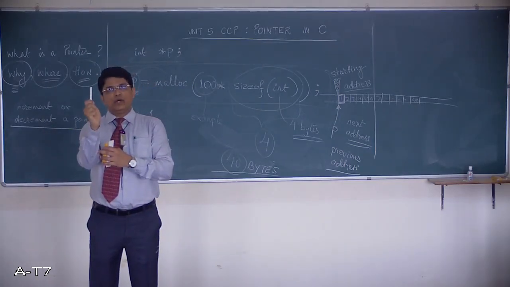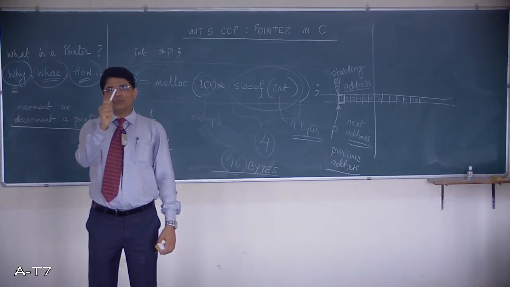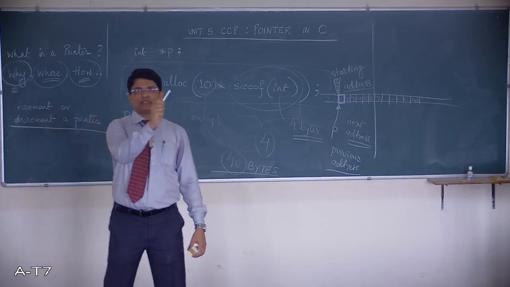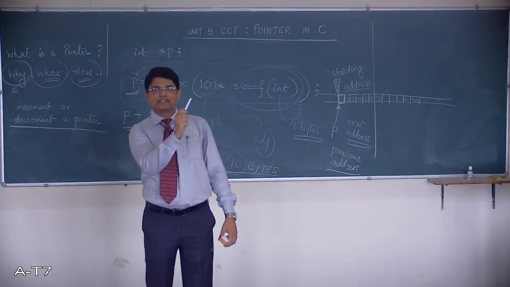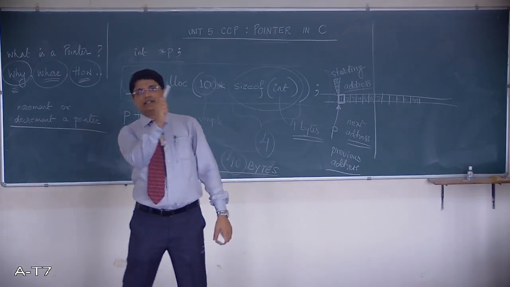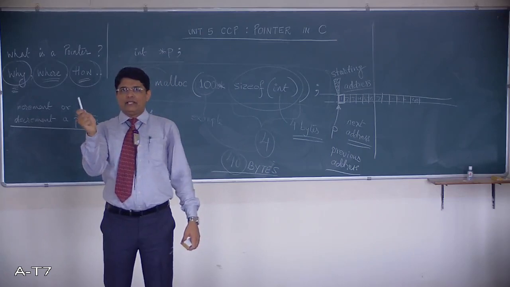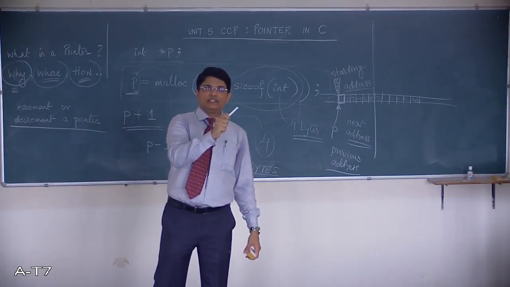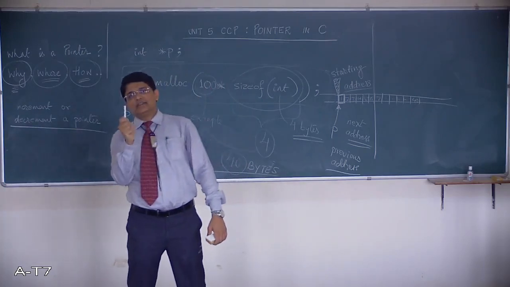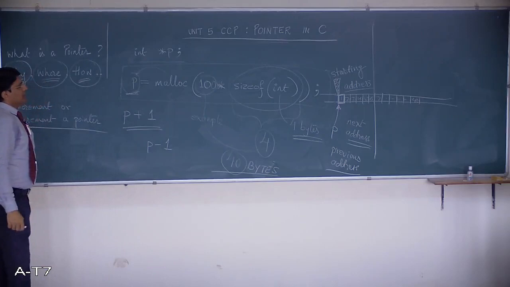So take a pointer, anchor it at one particular address, P++, means you are pointing to the next address, P++, next address, P++, next address, P minus minus, jump back one address, jump back one address. So if it's a set of integers, 4 bytes, jump, 4 bytes, jump. Or P minus minus, 4 bytes, this side jump, 4 bytes, this side jump.